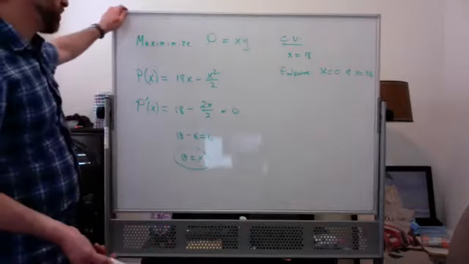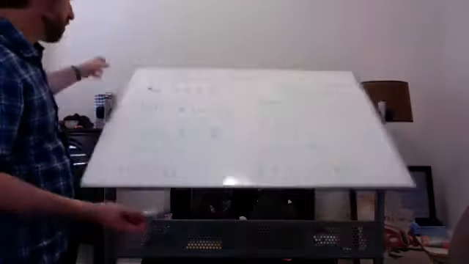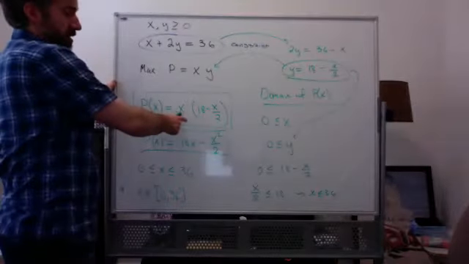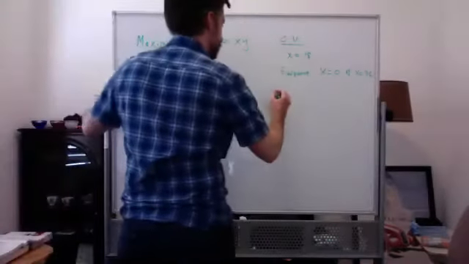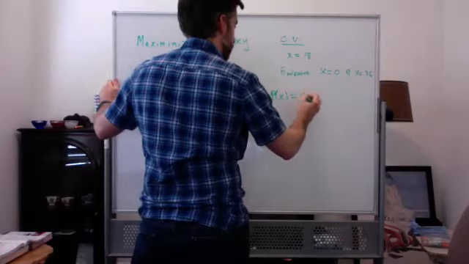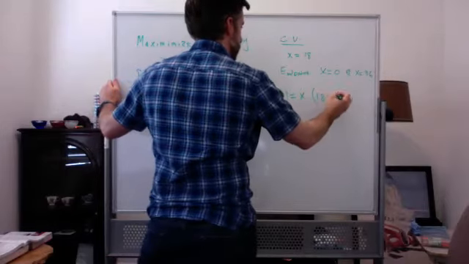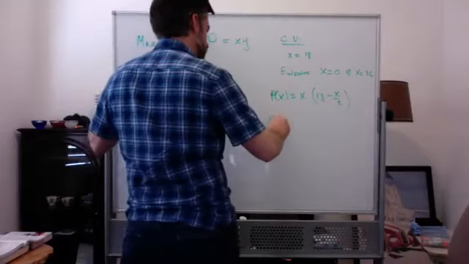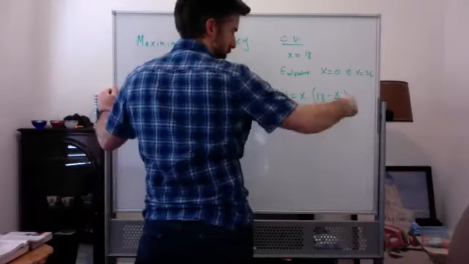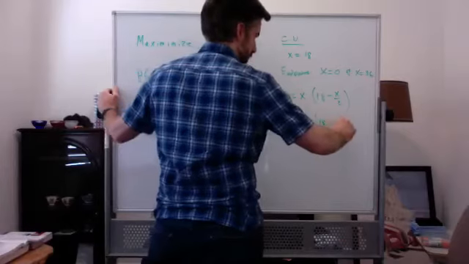Now, when I plug into the original function, I usually prefer the factored form. So here's my factored form, which is x times 18 minus x over 2. And check out what happens. If I plug in 0, I get 0 times 18, which is just 0.